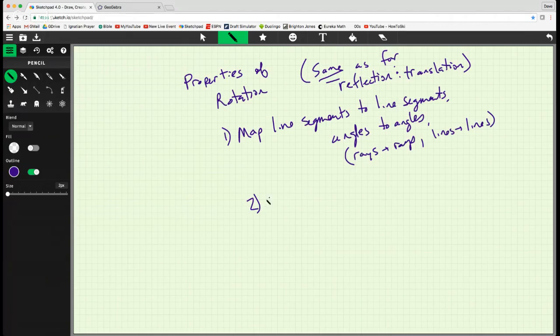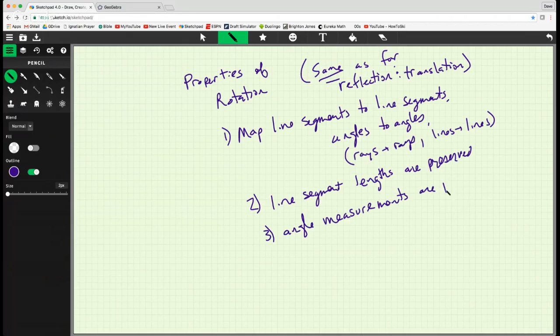The second is line segment lengths are preserved. And three, angle measurements are preserved. So let's look at all three of these.